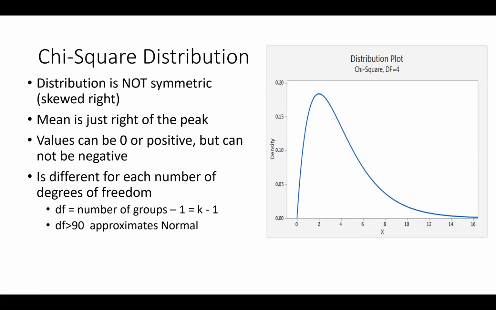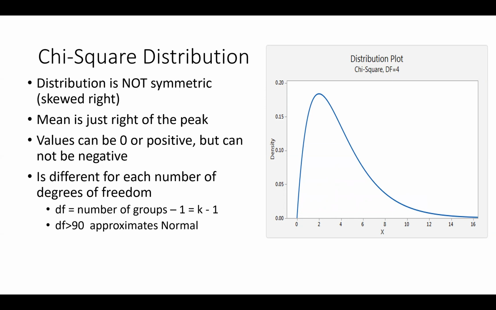The H test statistic is approximated using what's called the chi-square distribution. The chi-square distribution is very similar to the F distribution. It is not symmetric. It is skewed to the right, meaning you're going to have lots of data on the low end and very few values on the high end.